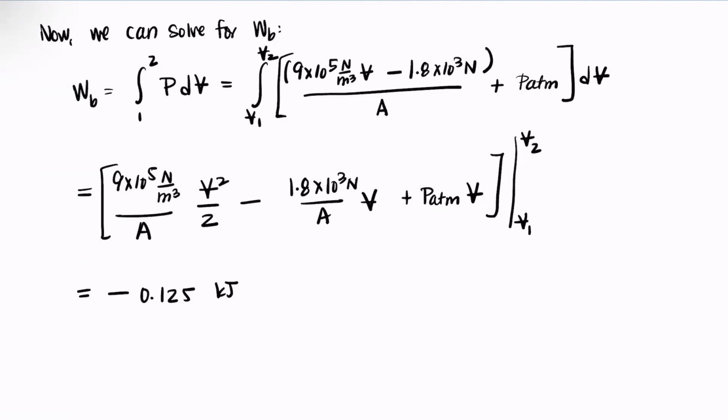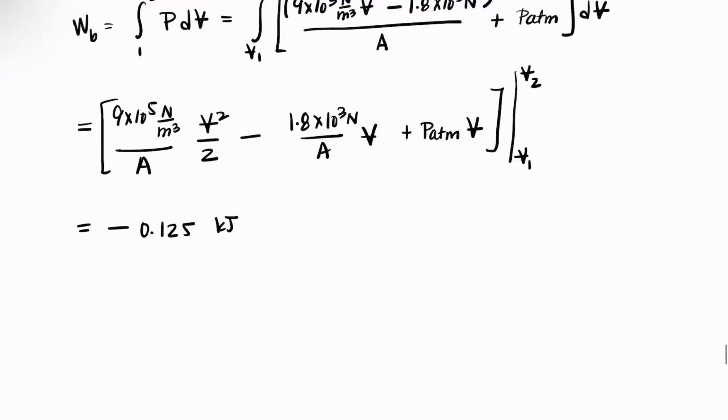So that's yay, positive work, right? And if it's negative, it's less of a good thing that we have to input power into the system. That's not always the case, but it helps me remember. Okay. So this minus sign means that work was input. All right. So this is our answer.